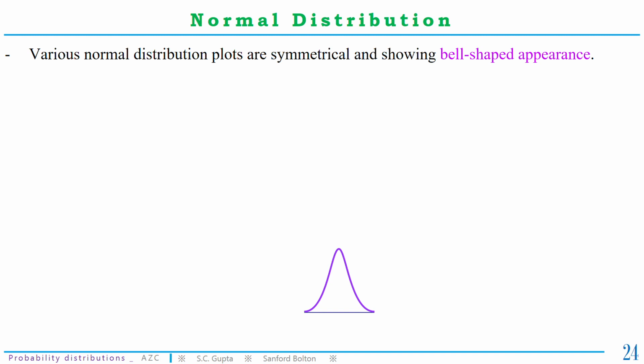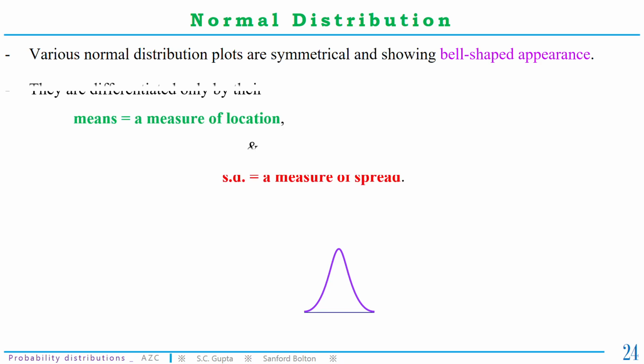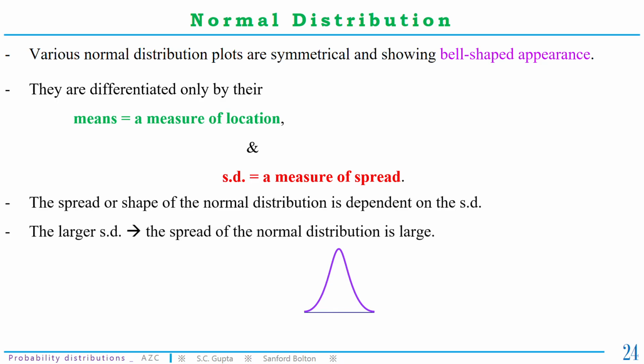Various normal distribution plots are symmetrical and show a bell-shaped appearance. They are differentiated only by their means, a measure of location, and standard deviation, a measure of spread. The spread or shape of the normal distribution is dependent on the standard deviation.